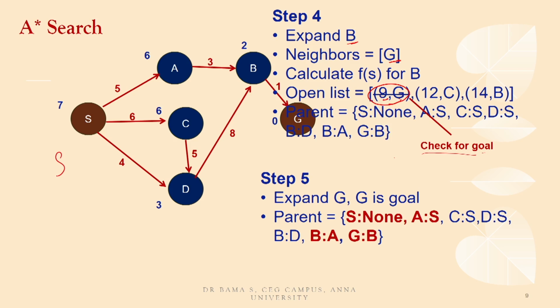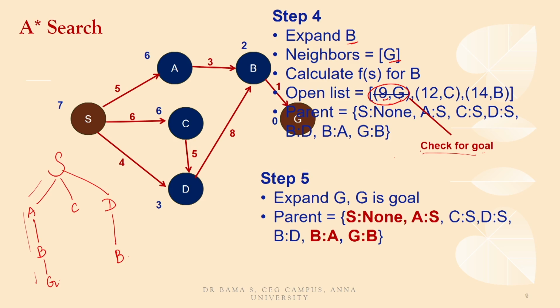Now, if we draw the graph, it would be S, A, C and D, and from D we went to B. B is not minimal. So, we branched out A, we went to B and then G. So, this is actually the path that we are seeing.